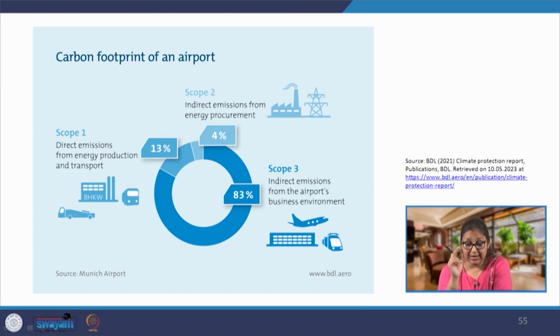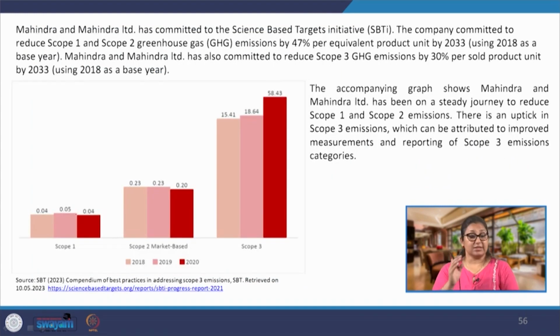But in case we were talking about an airline carrier, a company which provides the airline services, for them the emissions will be put in the direct emission category, because all the emission that is resulting from the flying of the aircrafts is a direct emission. So, I hope it is making us a little clear as to what to be put in scope 1, 2 and 3.